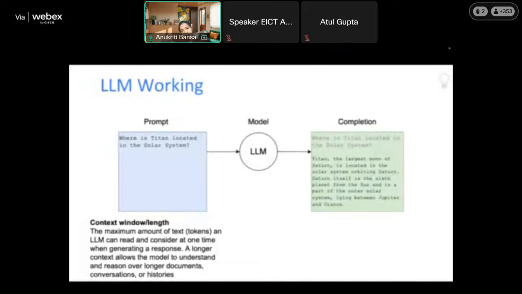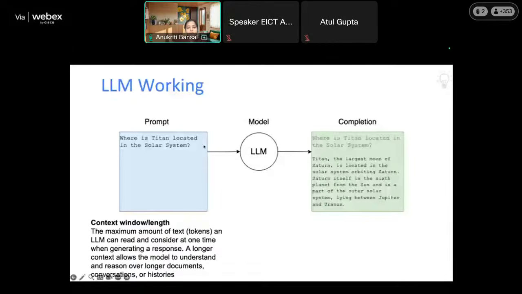Before selecting a model, you should have an idea of what is meant by context length. The context length or context window is the number of text units, or tokens specifically, which these models can process at a single time.